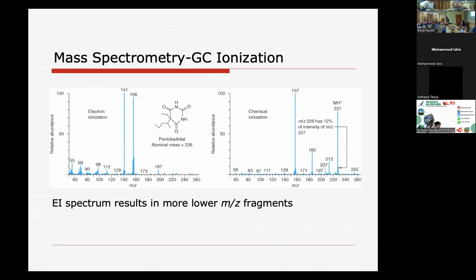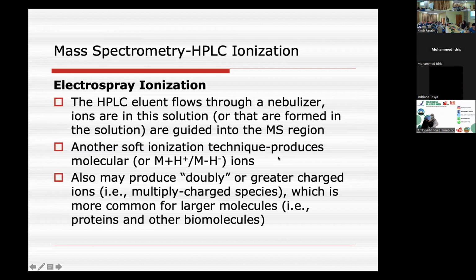Berikutnya. Ini contohnya pola fragmentasi elektron ionisasi dan chemical ionisasi. Pola fragmentasinya berbeda, senyawa ini menghasilkan pola fragmentasi yang berbeda. Berikutnya kita akan lihat teknik yang lain, yaitu elektron spray ionisasi.